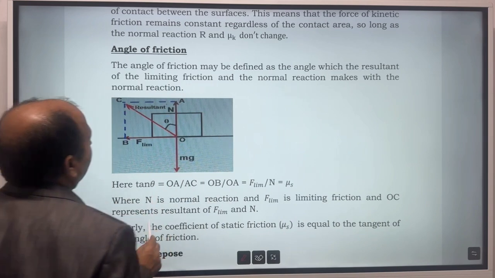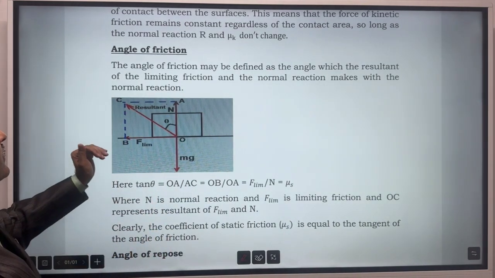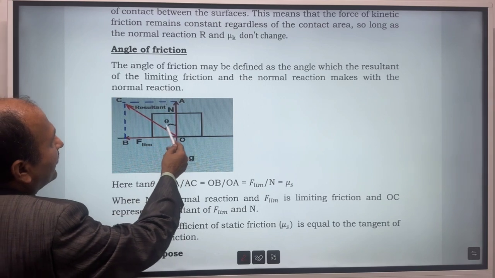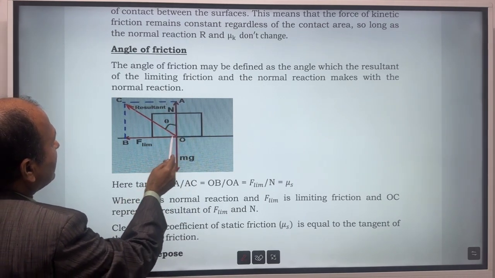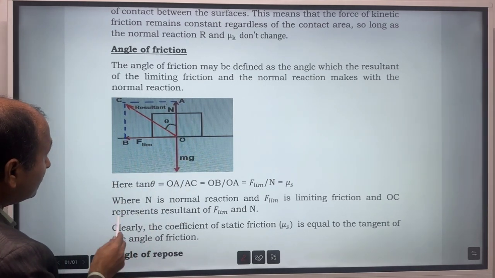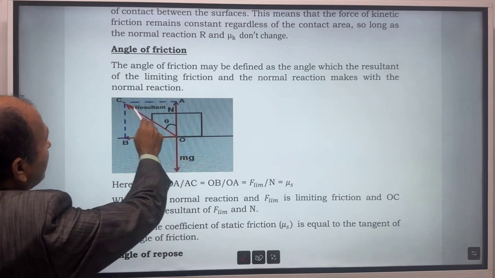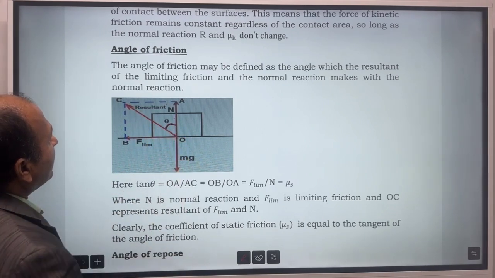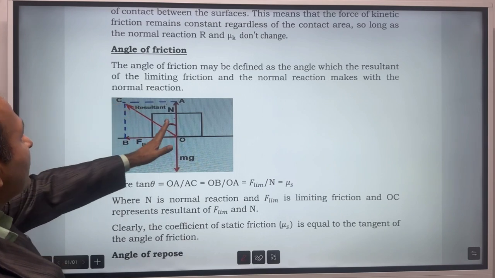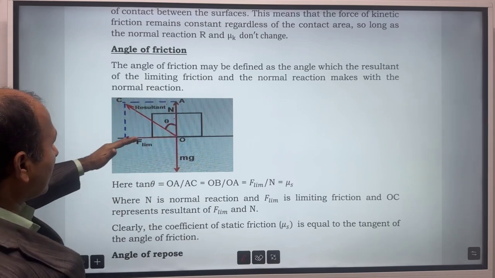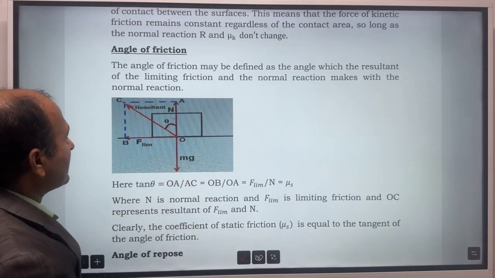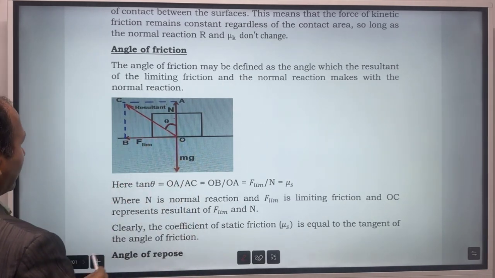So here what is happening? Our concern is to find the angle of friction. This is the normal reaction, this is the direction of friction, and this line represents the resultant of these two. The angle between the resultant of normal reaction and friction and the normal reaction itself is called the angle of friction.